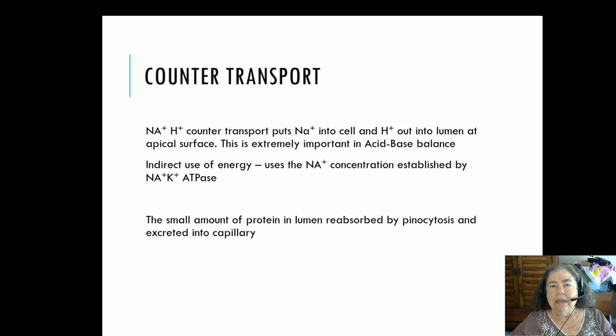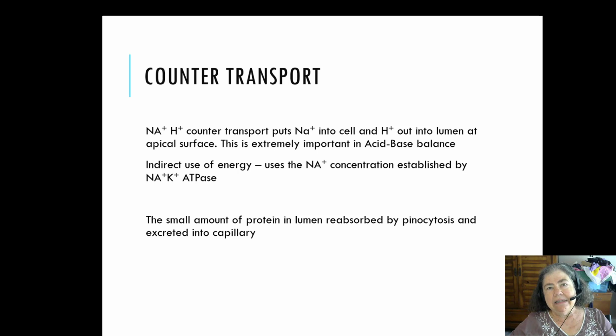The kidney is incredibly complex and interesting in that these tubular epithelial cells, which have the function of reabsorbing and of creating homeostasis and balance in a number of ways, at different points along the lumen, the apical surface has different co-transporters and counter-transporters, and different tasks are done at different parts of the nephron.